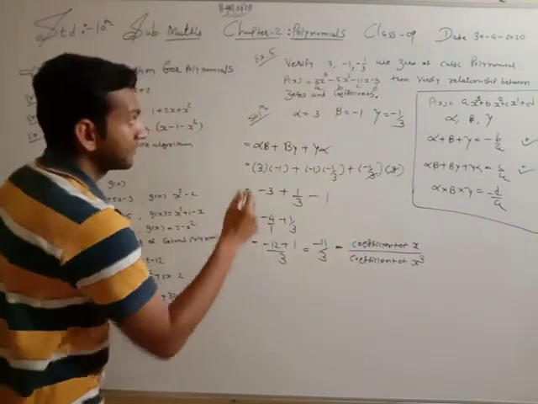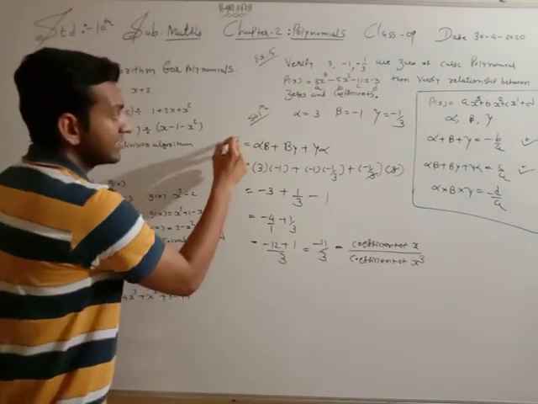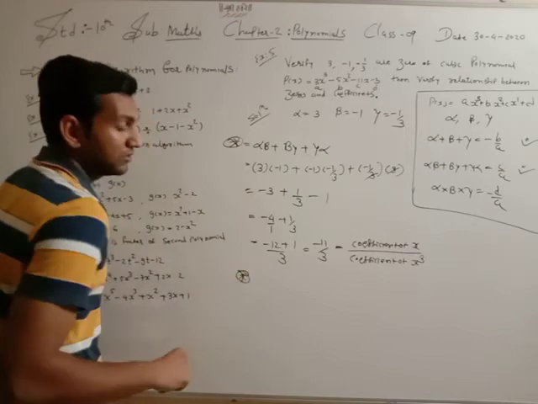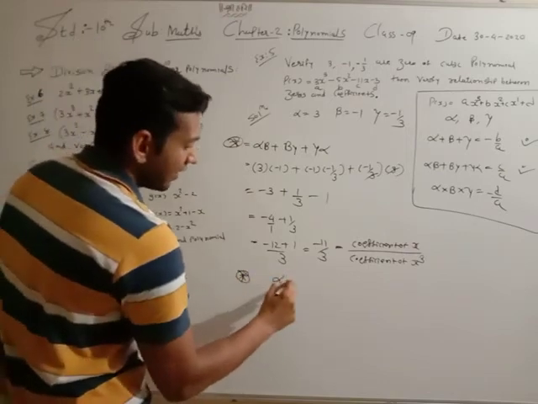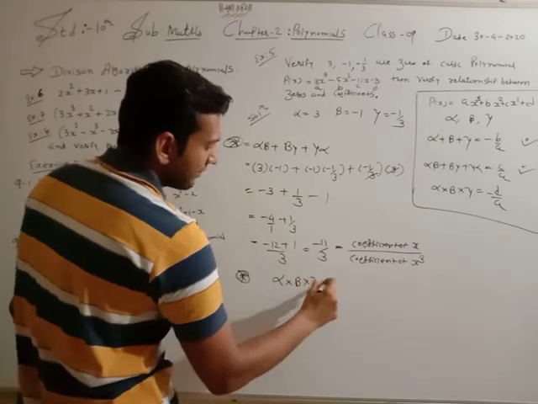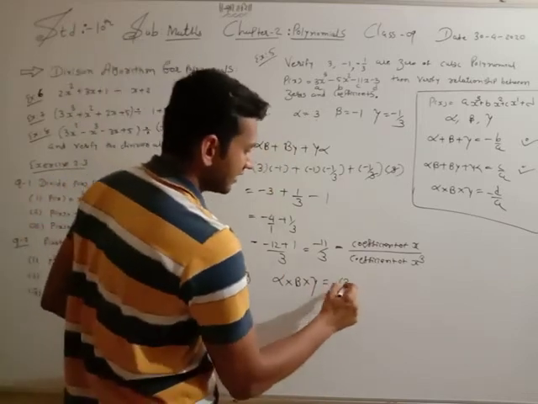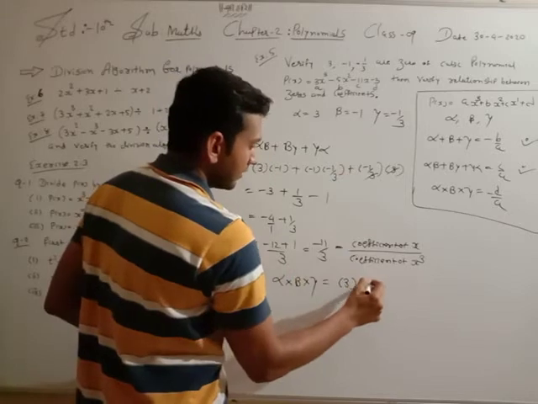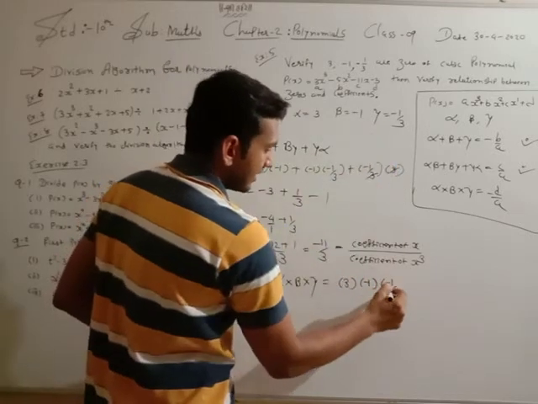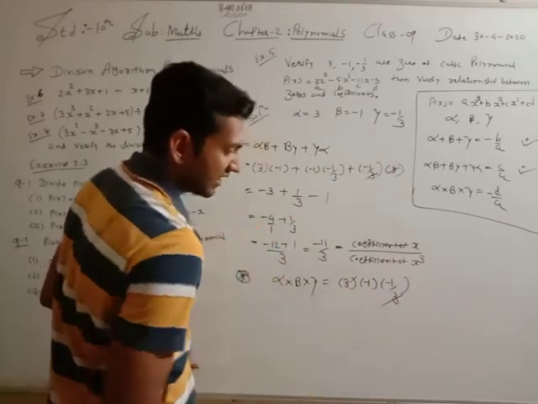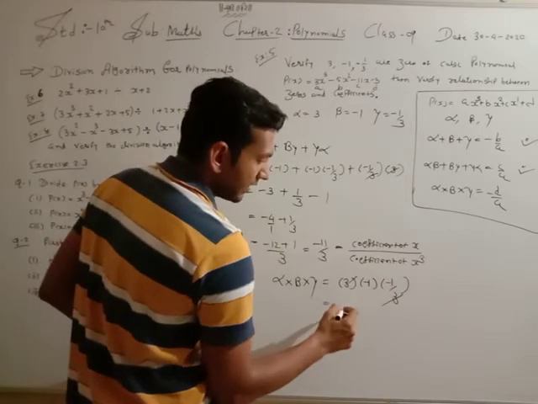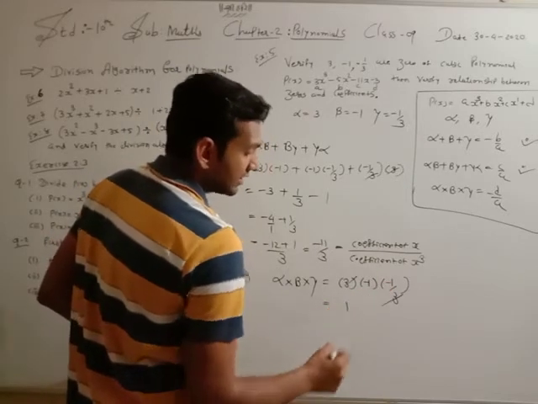Now the third, the product of zeros, this is my second and this one is third. Alpha into beta into gamma is equal to: alpha is 3, beta is minus 1 and gamma is minus 1 by 3. 3 and 3 are cancelled out, minus minus plus, so my answer is 1.